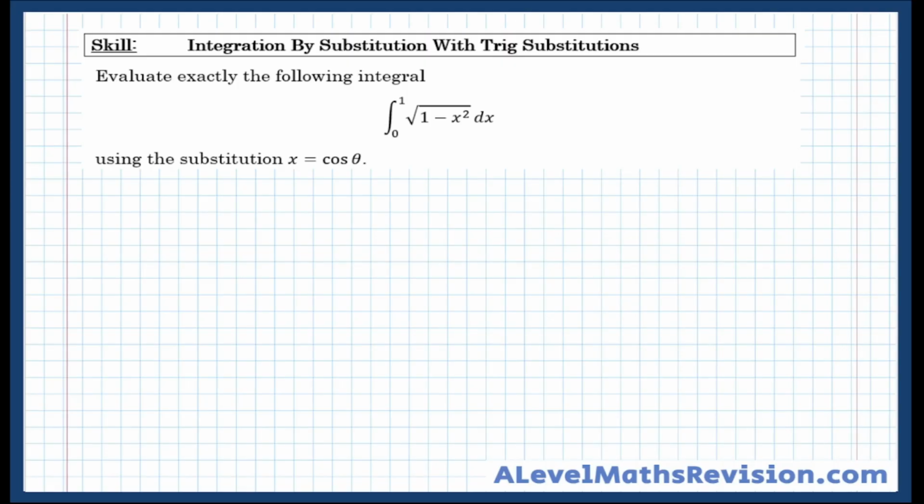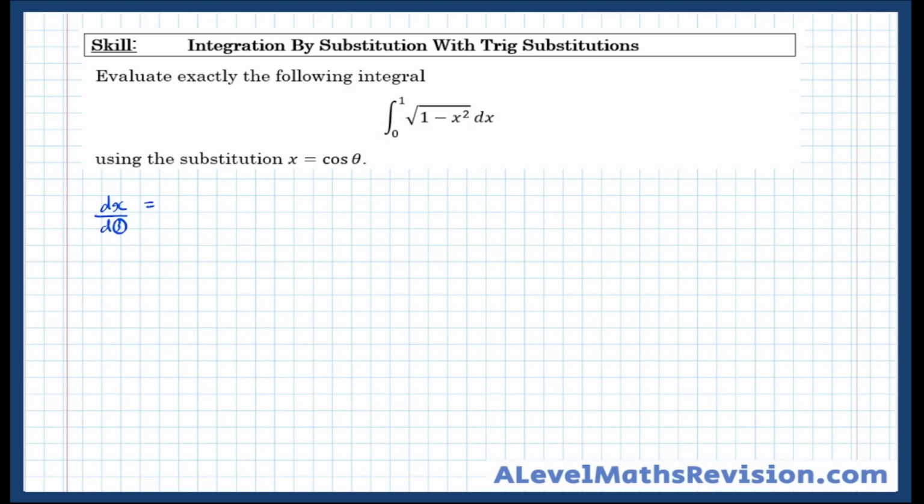So we've been given the substitution x equals cos theta. Rather than finding d theta by dx, what we're going to find here is dx by d theta. So dx by d theta equals, and you might want to pause it and have a go yourself.